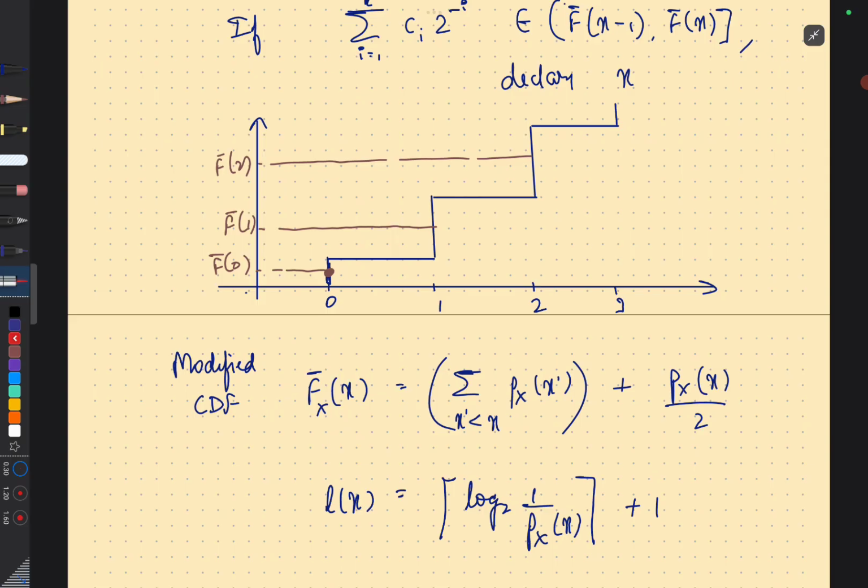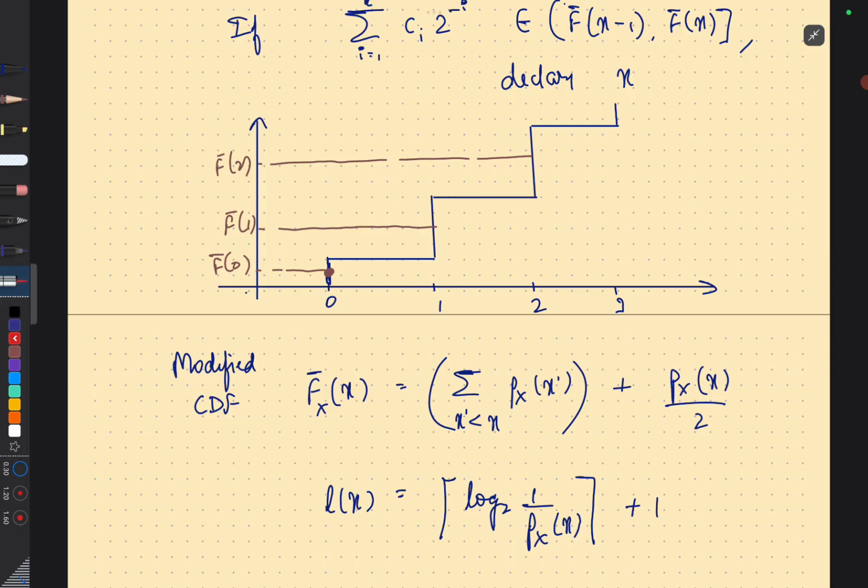When you truncate the binary representation of this particular number, you will get some number which is less than that number. If I take the binary representation of F-bar of 2 and then truncate it to some number of bits, that will correspond to some number which is less than F-bar of 2. So the more bits that I truncate from F-bar of 2, the smaller that number is going to be.